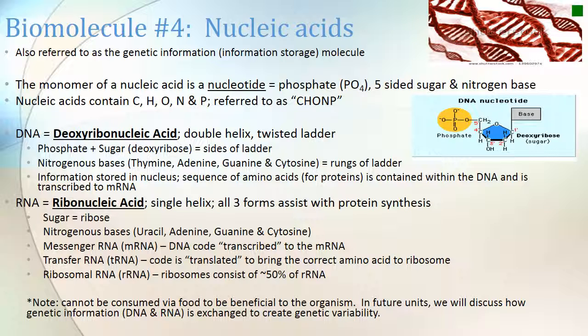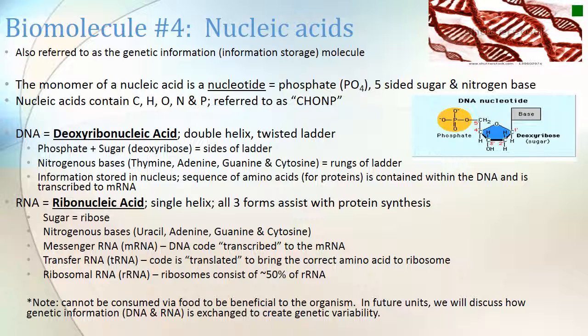What is a nucleotide? It is a phosphate connected to a 5-sided sugar, then connected to a nitrogen base. So if you look at the diagram here of a DNA nucleotide, you can recognize the sugar ring having carbon, hydrogen, and oxygen.